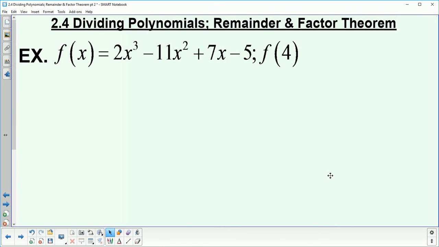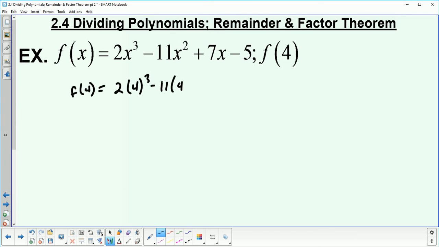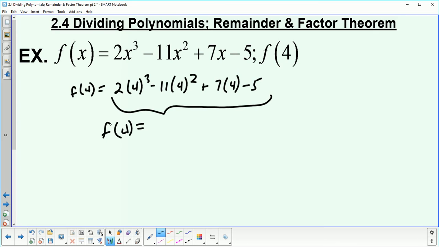Applying that, if we want to find f of 4, we plug in 4 into 2 times 4 cubed minus 11 times 4 squared plus 7 times 4 minus 5. If we plug that whole thing into our calculator, we find that f of 4 equals negative 25.